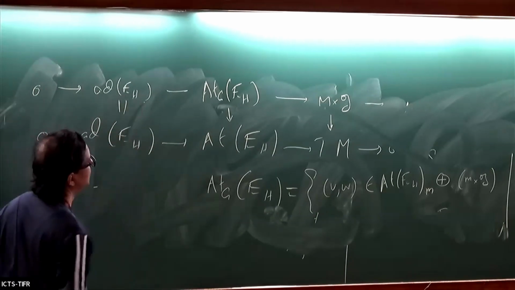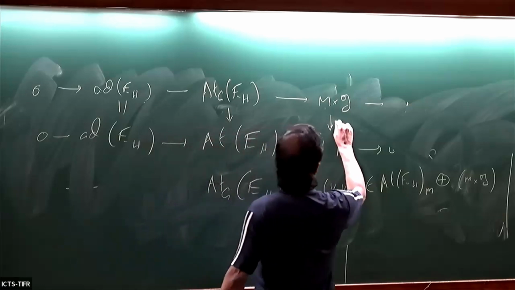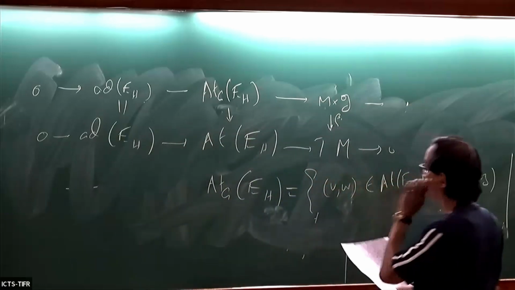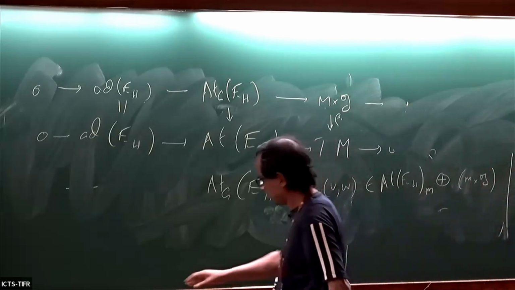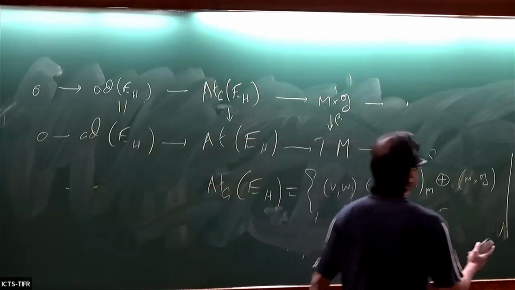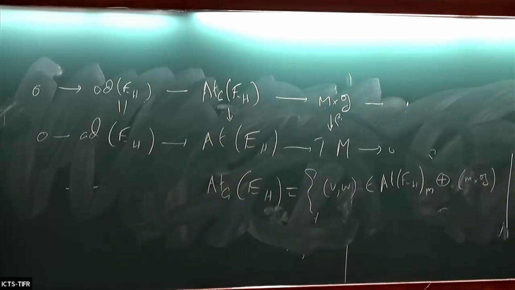This is the identity map, this is the beta. So this will be used. So let me now state this. What is that?